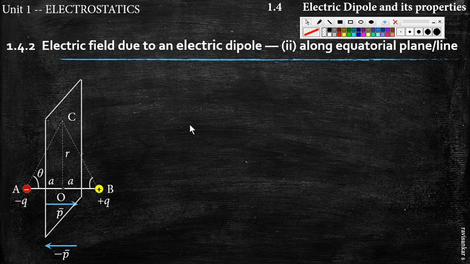So first we will see how the electric field due to the plus charge, namely the E plus vector, will look in direction. See here, this is the E plus vector. Do you know why this is in this direction?